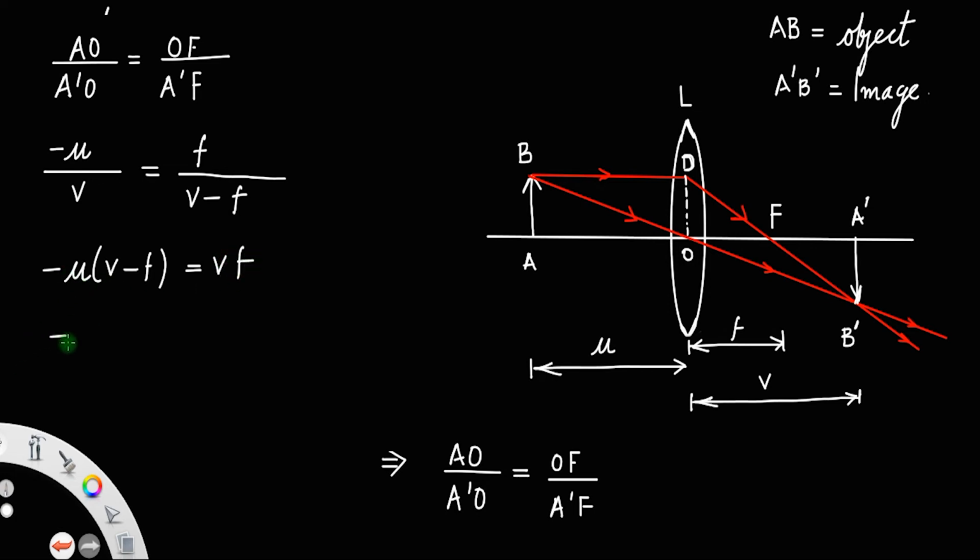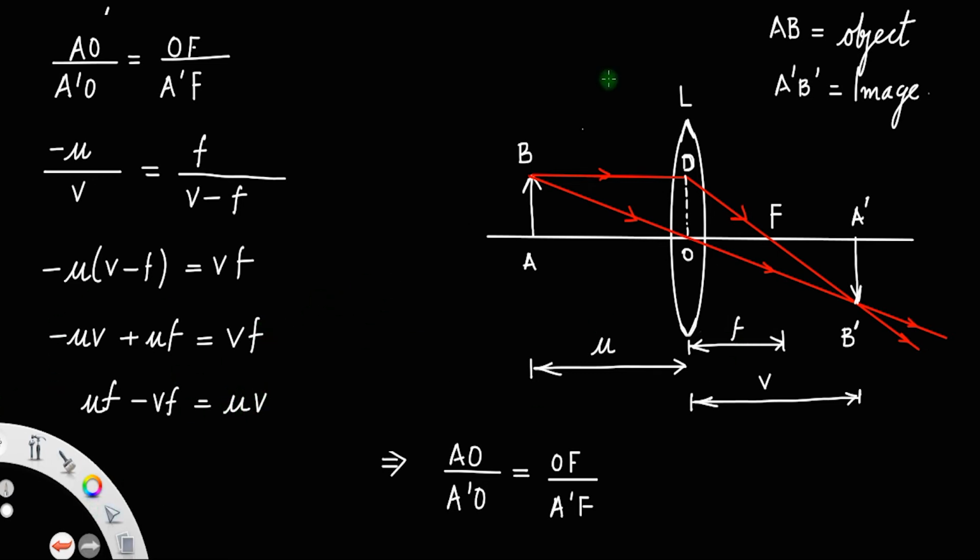So this is equal to minus UV plus UF is equal to Vf. Now take this F to the left. UF minus Vf is equal to, take this UV to the right, so plus UV.